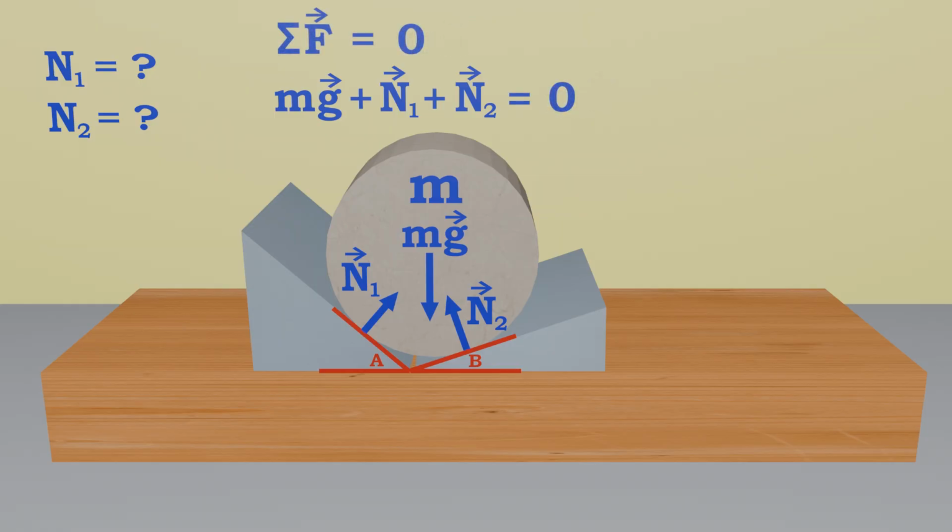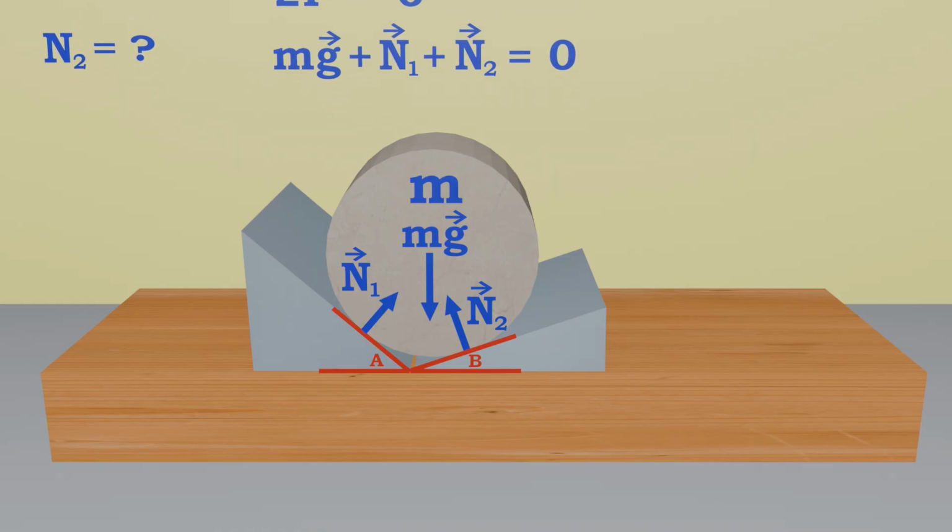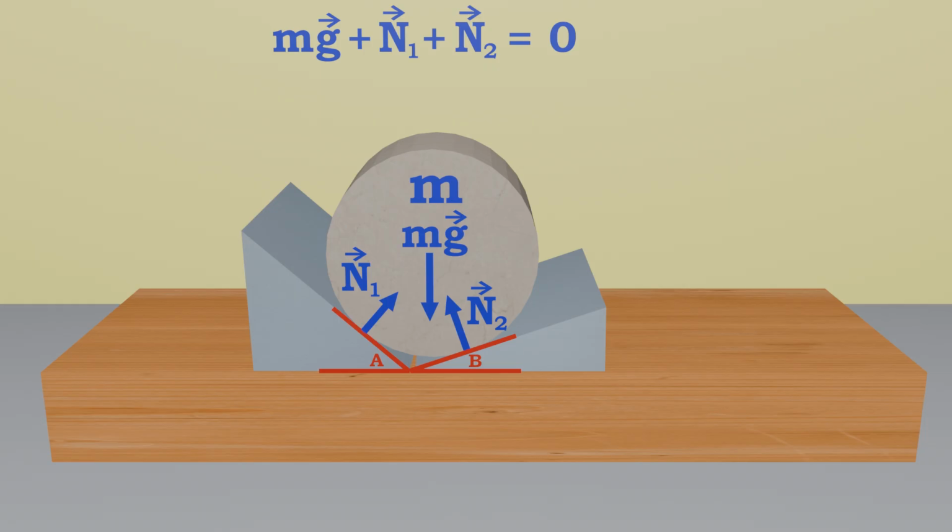Since the disk is at rest, we can immediately substitute 0 for ma. To move from the general formula to specific calculations, we set up the coordinate axis, draw the free body diagram, and then apply Newton's second law separately for each axis, using the components of the forces along those axes. The most convenient way to solve this problem is to choose the x-axis horizontally and the y-axis vertically.